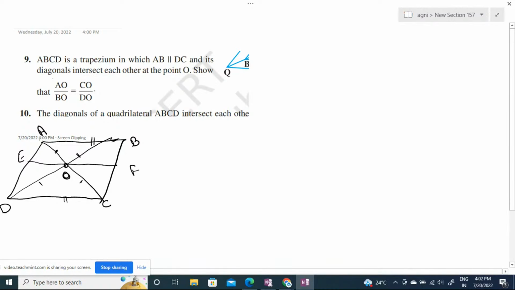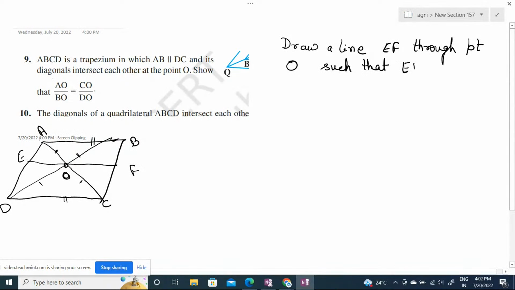Now, we draw a line EF through point O such that EF is parallel to CD. We draw in such a way that this EF line is parallel to CD.